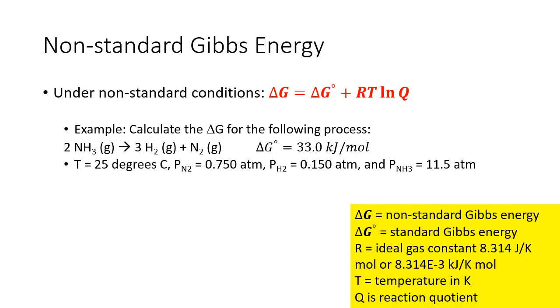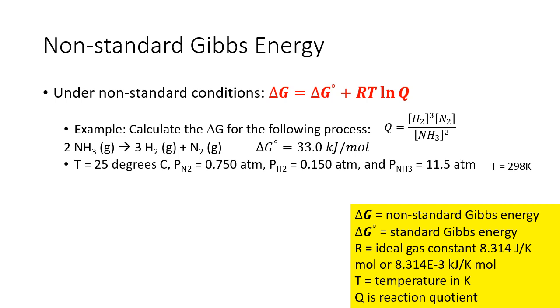So looking at this problem, we need the Q expression in order to use this equation. So we think back to that chapter on equilibrium, and we define our Q equation. In our Q equation, we have products over reactants, and we use the coefficients as exponents in the equation. Temperature has to be in Kelvin, so we need to convert this 25, and we get 298 Kelvin. And at that point, we have everything we need to plug all the things in.